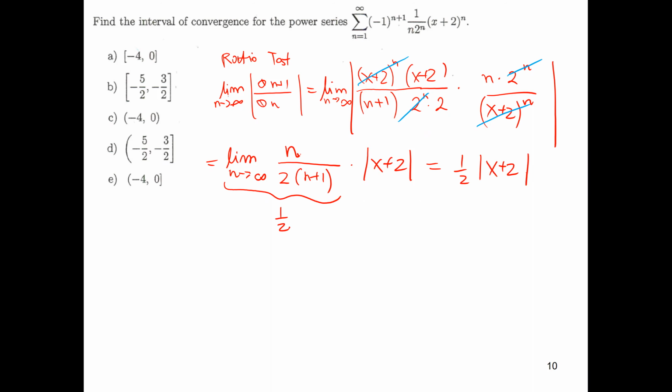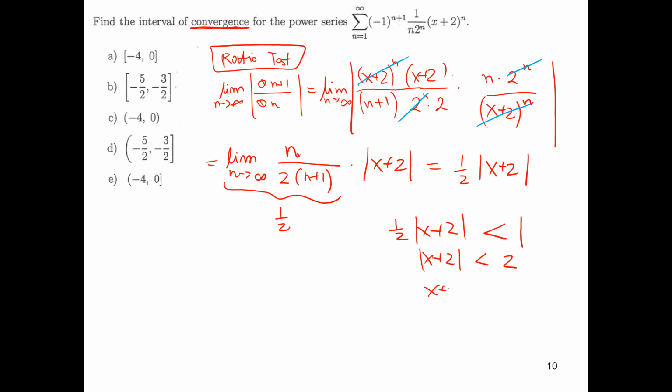And we know that by the ratio test, the final answer must be less than 1 for convergence. Okay? We have to just solve this nice inequality. I will multiply both sides by 2, so I will have 2 on this side and 1/2 will be gone.